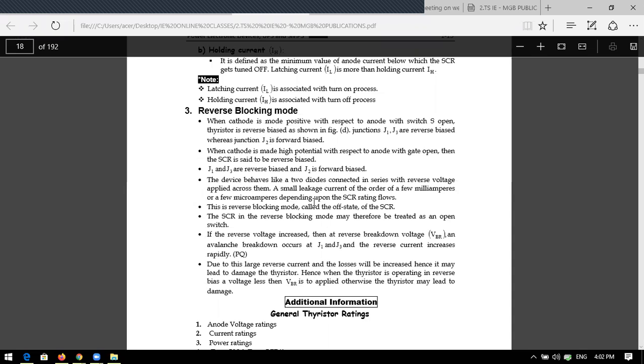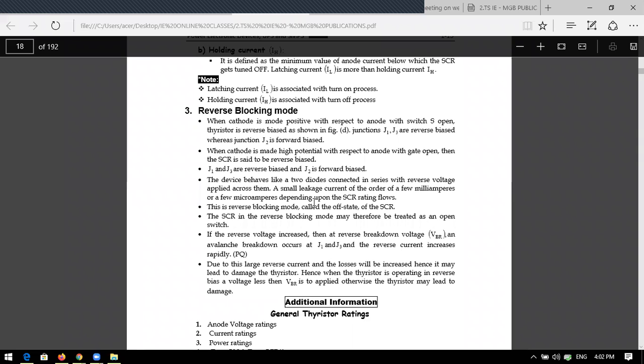It acts like an off switch. So in the reverse blocking mode, the SCR is in off state. You can treat it as an open switch.